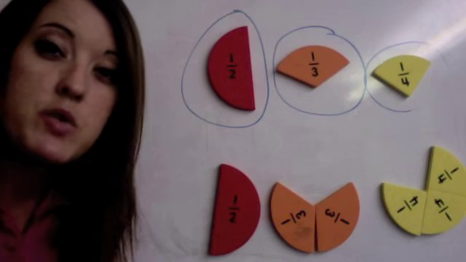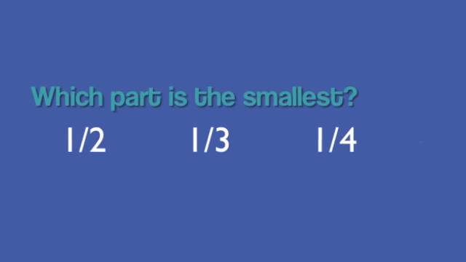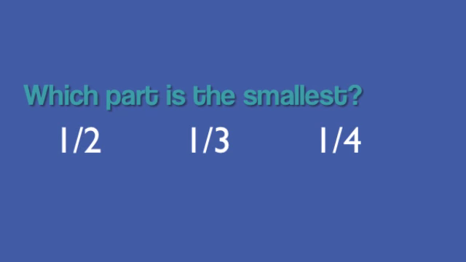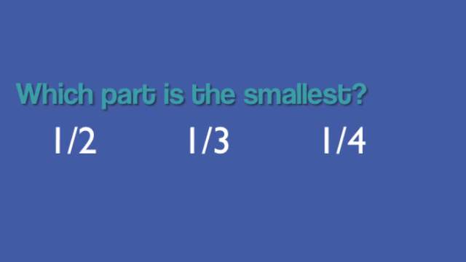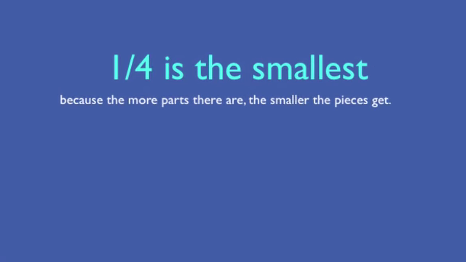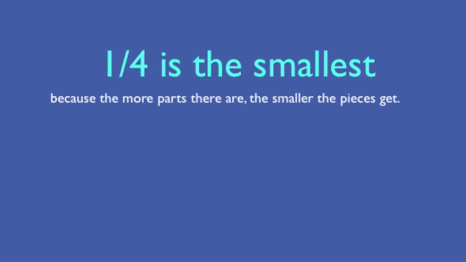Which part is the smallest? The half, the third, or the fourth? Very good. The fourth is the smallest. 1/4 is the smallest because the more parts there are, the smaller the pieces get.